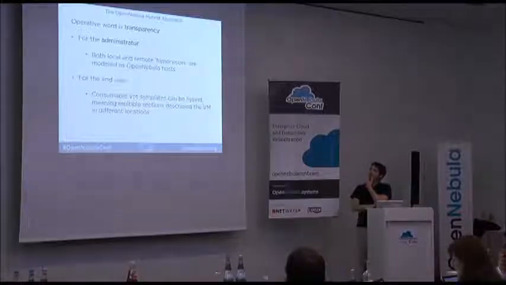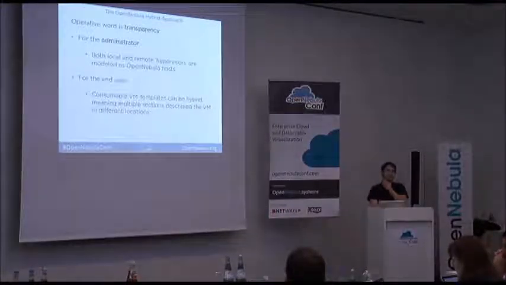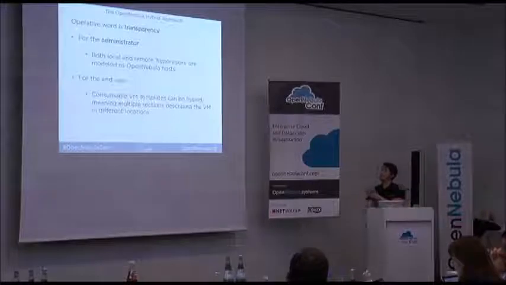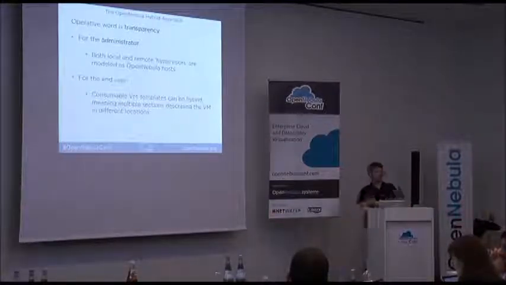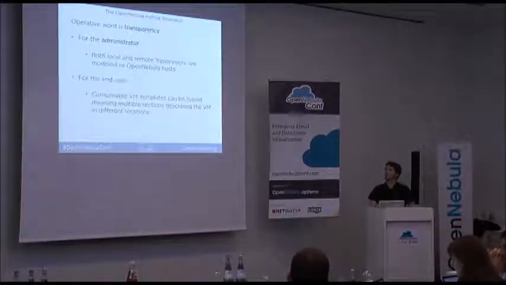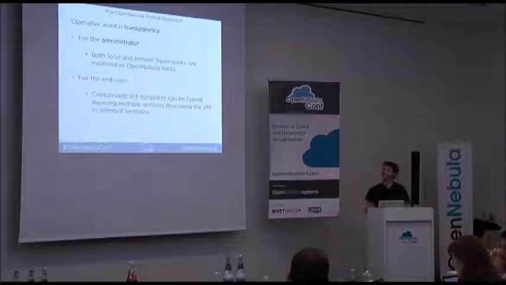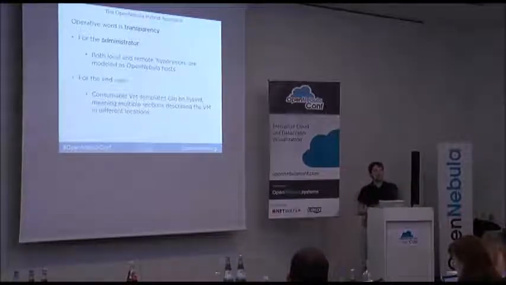And for the end user, the transparency is performed through hybrid VM templates. And what's a hybrid VM template? Well, it's basically a template that describes a virtual machine locally, so the traditional VM template in OpenNebula, where you define the capacity and the disks and also the networks. But you can also add sections representing the same virtual machine in different clouds.